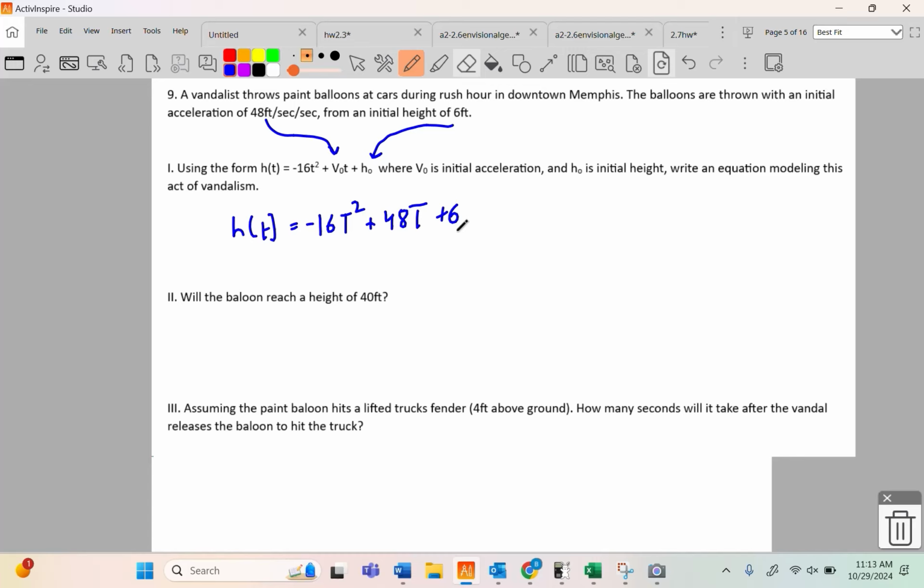That's the first part. Will the balloon reach a height of 40 feet? That's where we think about the whole b squared minus 4ac part. What's going on here? So we're going to put the 40 right there.